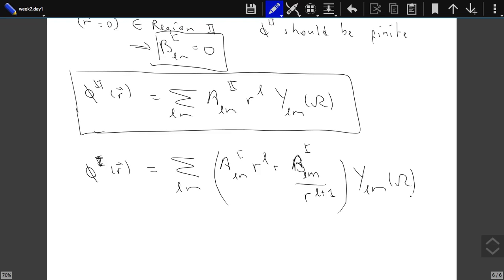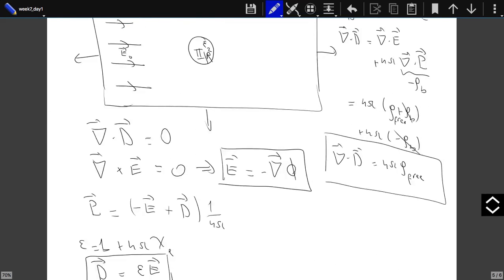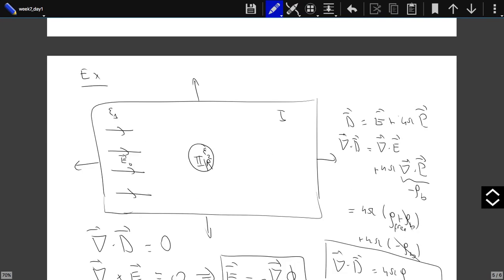Now we have the problem of what happens when R, in region 1, goes to infinity. It diverges. Is it allowed? For example, if you have a point charge, it doesn't diverge.